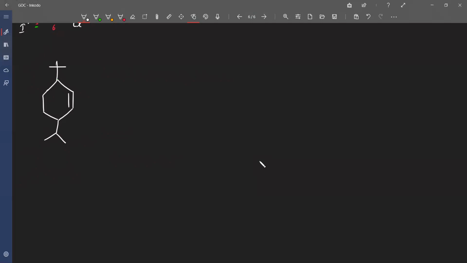So are both of them complex, or one of them is complex, another simple? Both are complex. So as I said, first thing we are going to do, name the substituent. That is how it will be easy. So the one on top is 1,1 dimethyl ethyl. The other is 1 methyl ethyl.